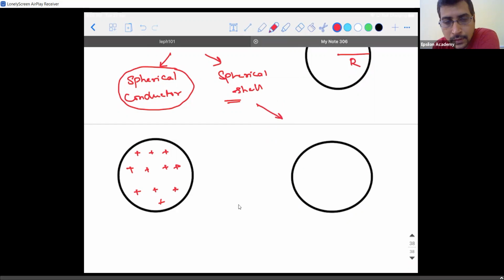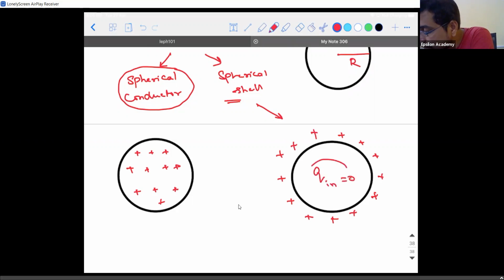In the non-hollow part. Which is the non-hollow part? The outer circle. So wherever you see a spherical shell, the charge will be present only on the surface. To put it in simple terms, the charge inside the spherical shell is zero. It is not present at all.